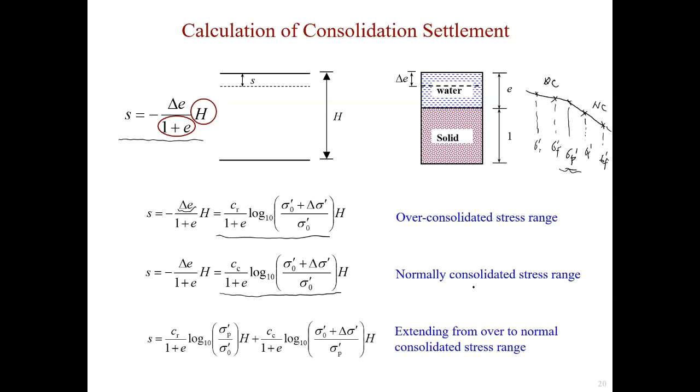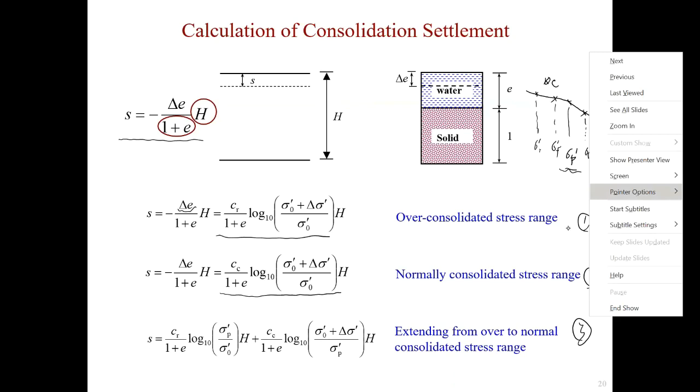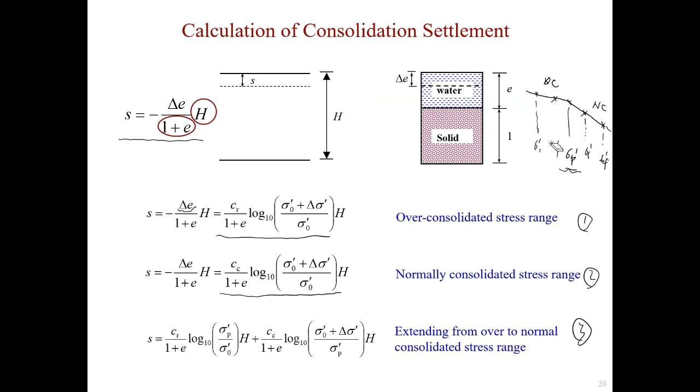And finally, we have the third scenario. So 1, 2, 3. Let's say my initial vertical effective stress is here, so that's in the OC range. And my final vertical stress is greater than the pre-consolidation stress, so that's in the NC stage.